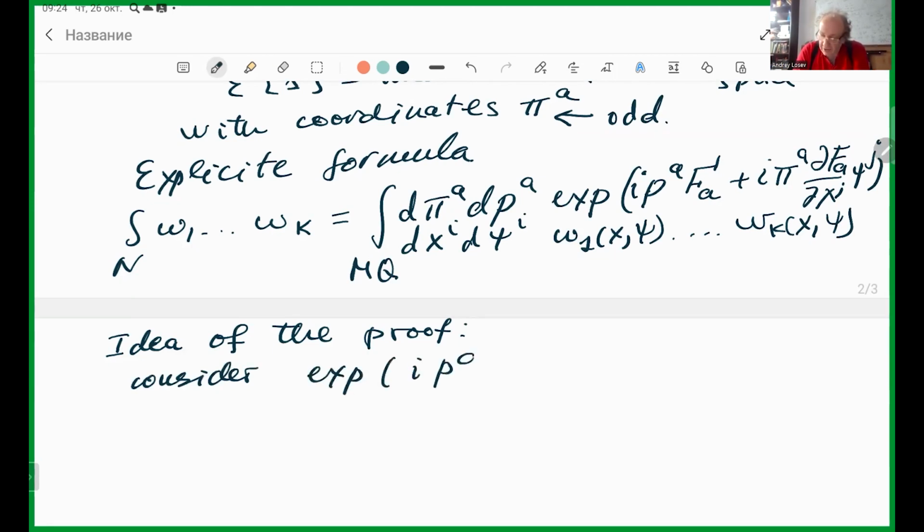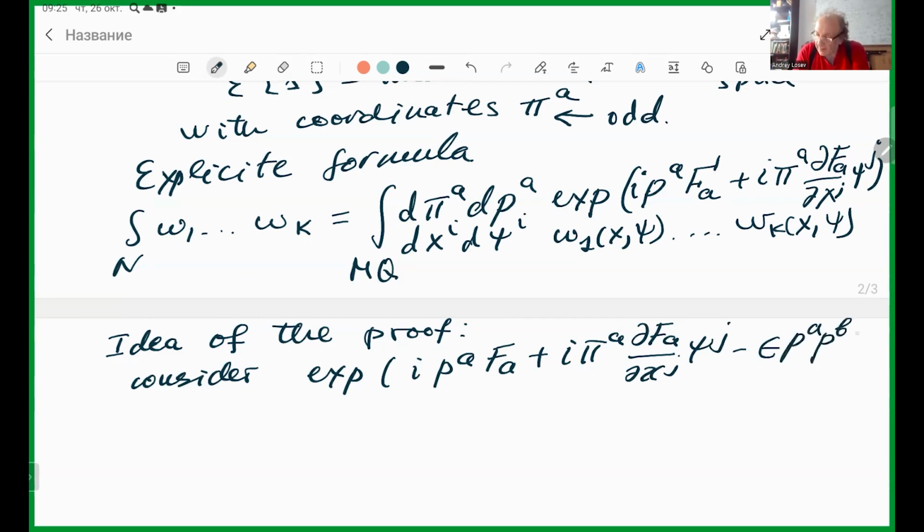Consider the exponential of minus epsilon by i by b some Gab.